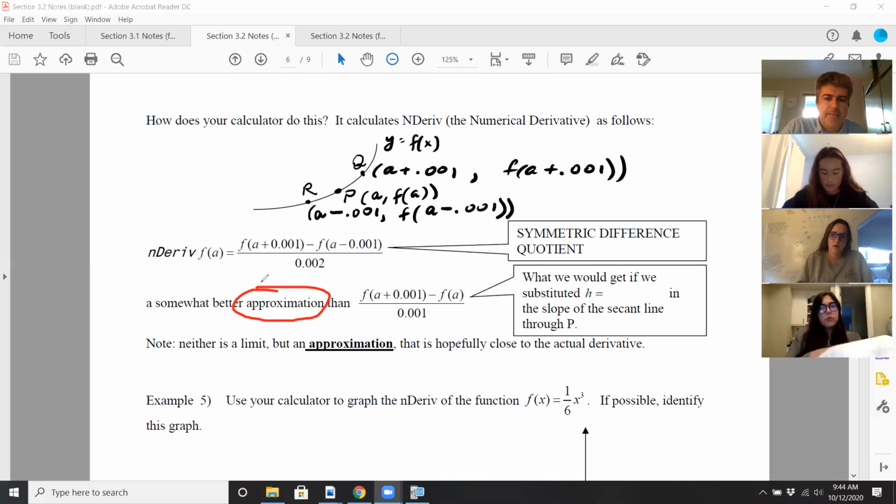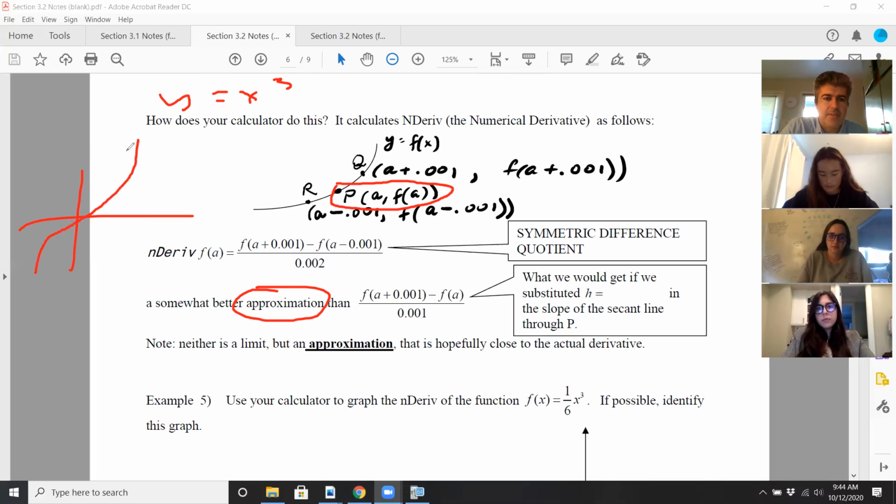What it's doing is, again, I have y equals x cubed, right? Y equals x cubed looks like this. Here's x equals 5, right? We'll call that point P, like we have over here. And of course, at x equals 5, the y value is 125. If you were to plug 5 into the original function, you get 125.